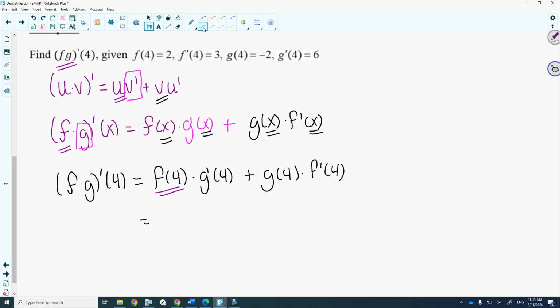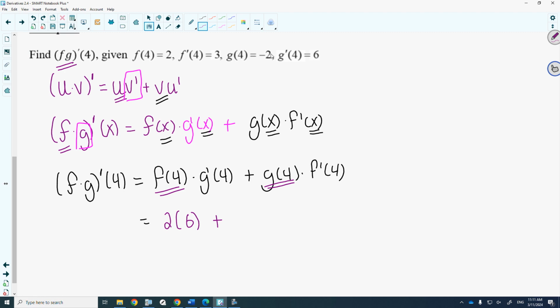On your f graph, when x is 4, the corresponding y value is 2. On your g graph, so what is this asking? On your g function, when x is 4, what is the slope of the tangent? So on the g function, when x is 4, the slope of the tangent is 6. On the g function, when x is 4, what's the y value?